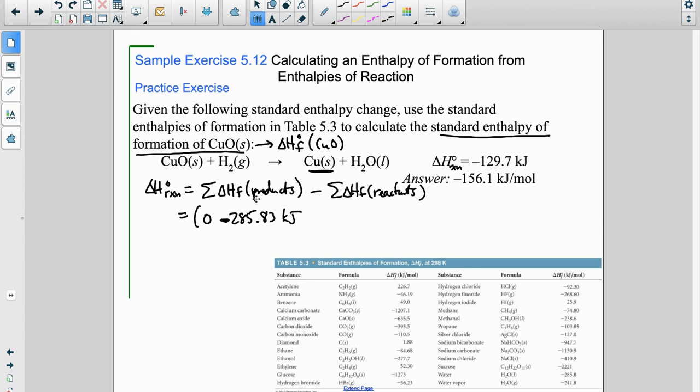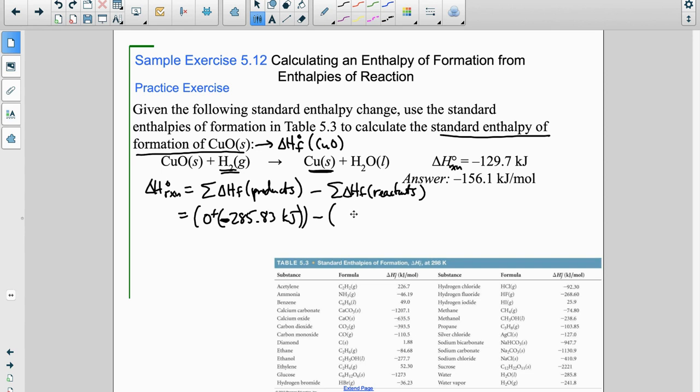kilojoules. Okay, so plus, I need a plus sign there, because we're summing these, and then minus our reactants. So again, here we see an element, so again, that's going to have a heat of formation of 0 for the H2 gas. And then our heat of formation of CuO, that's what we're trying to find.